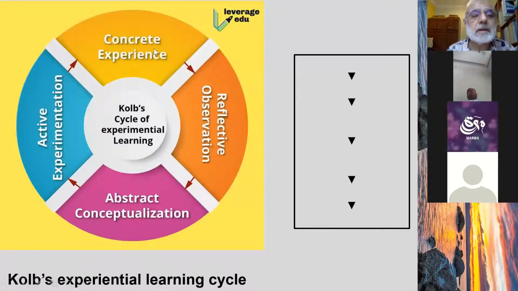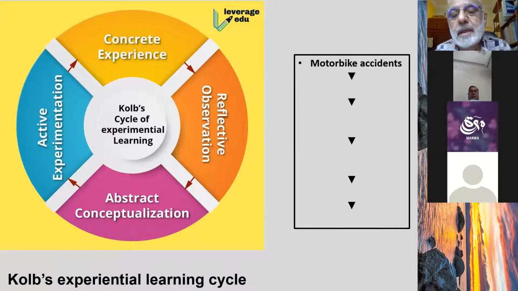Here, there is a concrete experience or some incident or a situation, and then one reflects on that, and then thinks about the possibilities, the reasons, and the future actions, and based on that, applies those actions and then sees what happens, what is the outcome. Here is an example. It is observed that the majority of road traffic accidents involve motorbike accidents.